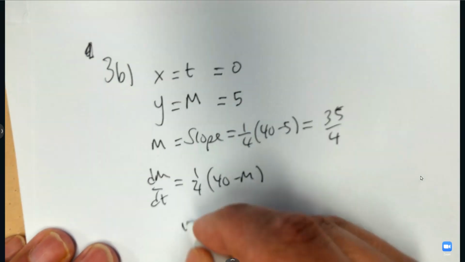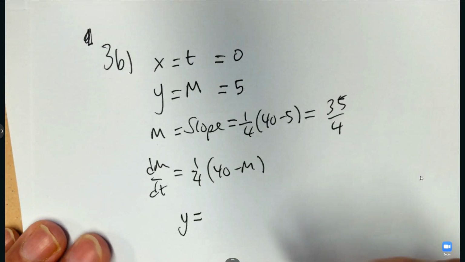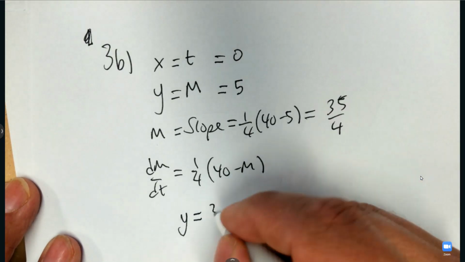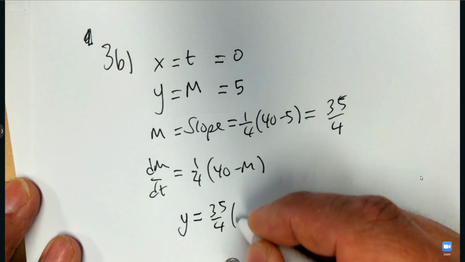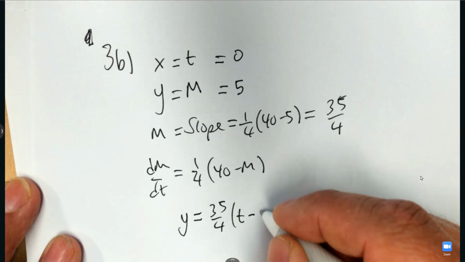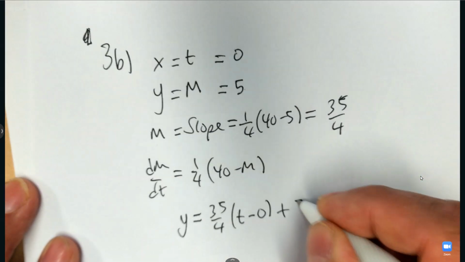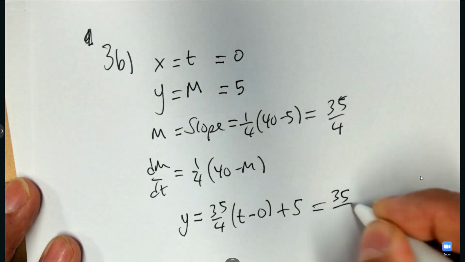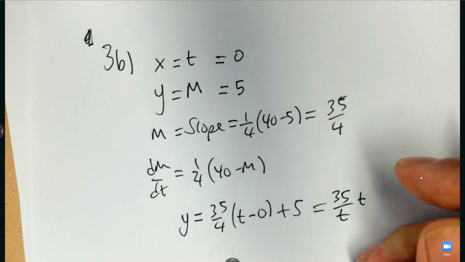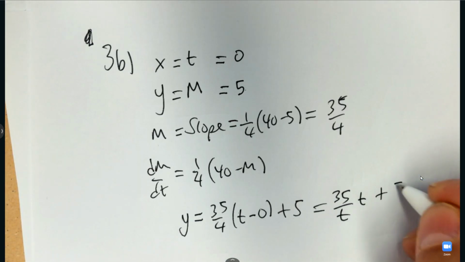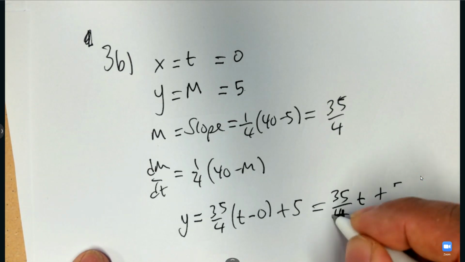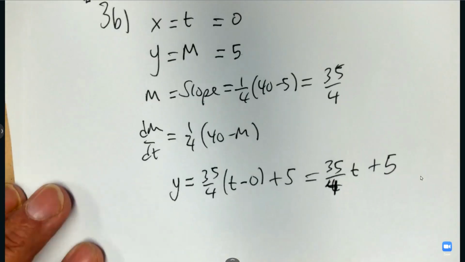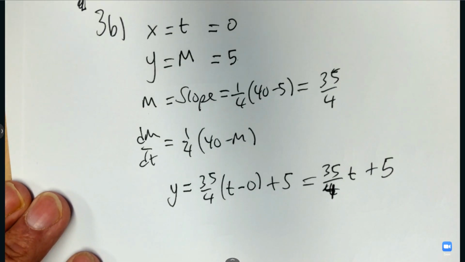So the equation then would be, and we can use x's and y's if you like, we start with the slope. I'm going to use t. So it's 35/4 times (t minus 0) plus 5. You could also just write this, and it's the same: 35 over 4 t plus 5. Both are the same.